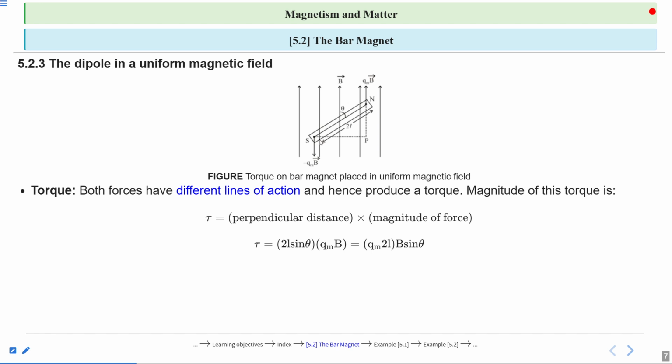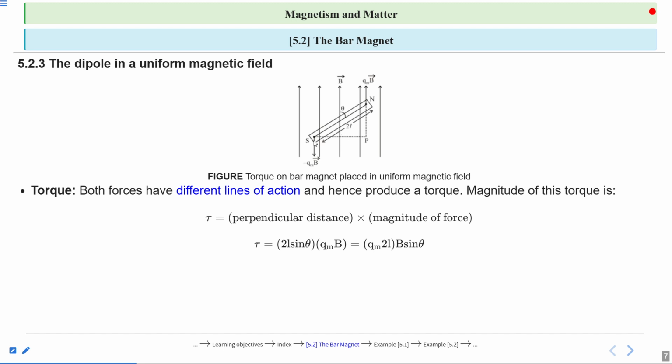So tau will be, what is the perpendicular distance? This is 2L. This is theta. If this is theta, by geometry you can find this is also theta. So you can find what this distance is.